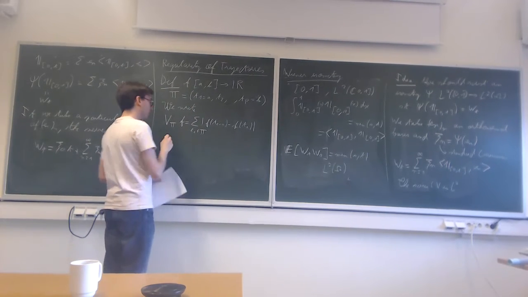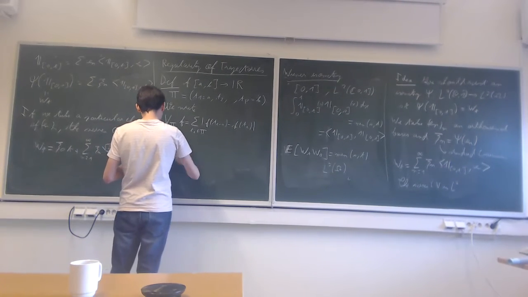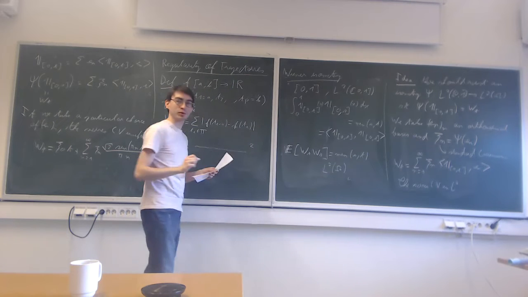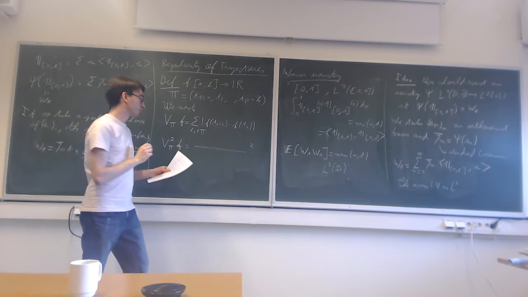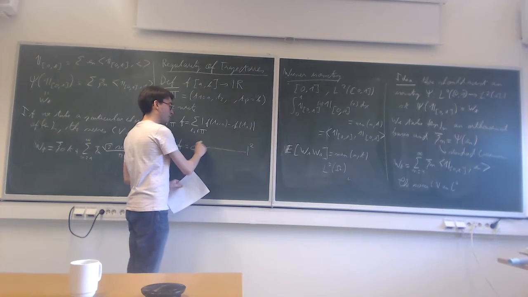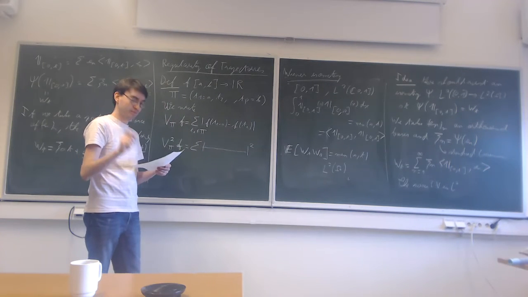Then we'll consider a new thing, which is the quadratic variation, V2 phi of f, which is the same thing, but it is the sum of the squares.